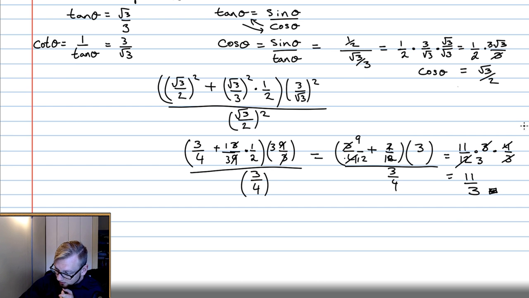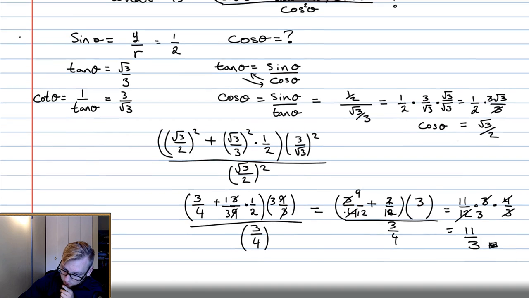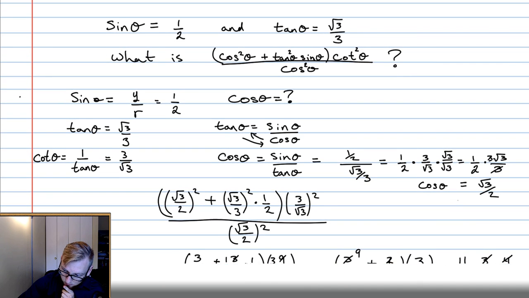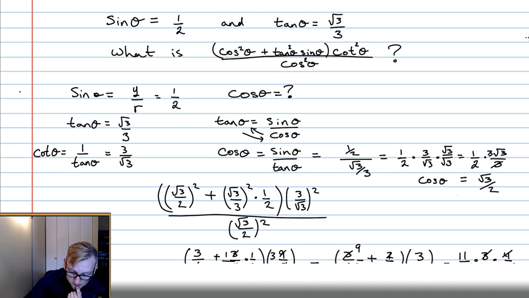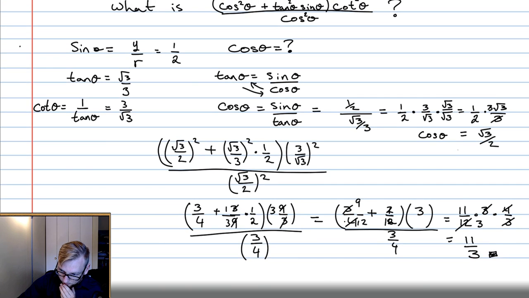If I didn't mess up any numbers, that should be the answer. Let's see. I have sine theta is 1/2 and tan theta is root 3 over 3. If we cheat, we know that theta is going to be pi over 6. And cos theta should be root 3 over 2. Which it is. Nice. Okay. Now let's see, how did we do with the formula?